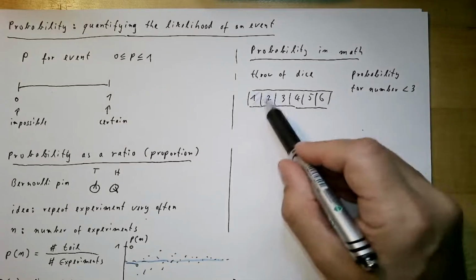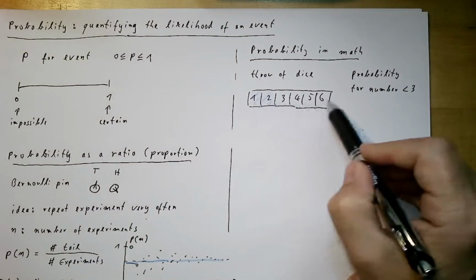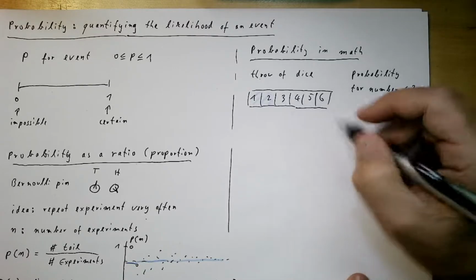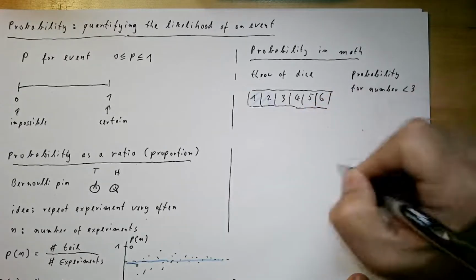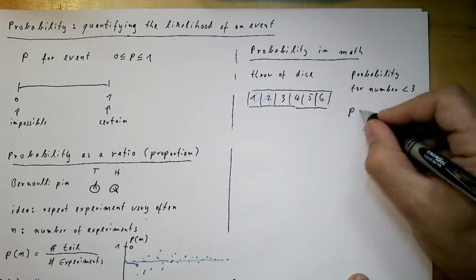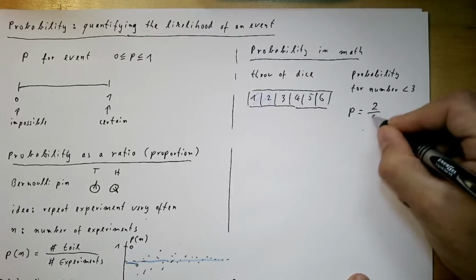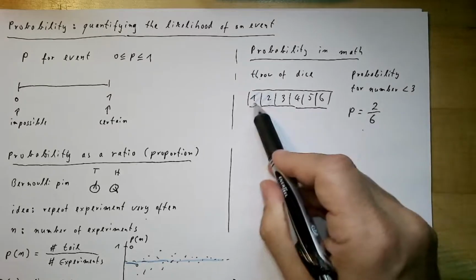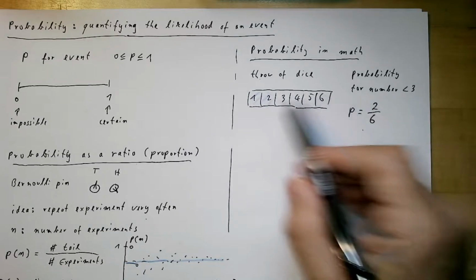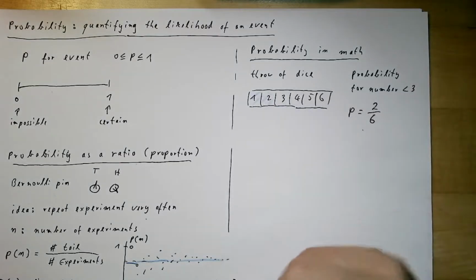So for all the possible outcomes of the dice, in principle they all have equal likelihood, and then we say the probability for this event, P of this event, equals 2 over 6, where 6 is the number of all possible outcomes, and 2 is the number of all the outcomes which are in our event.